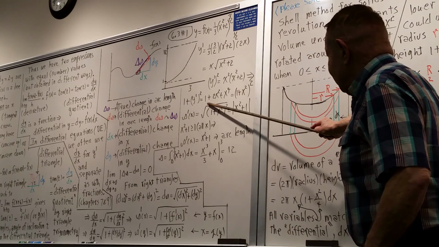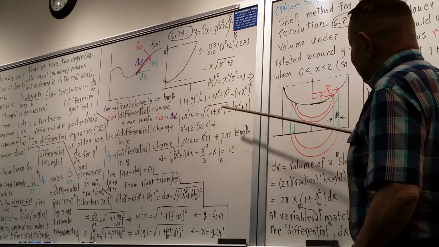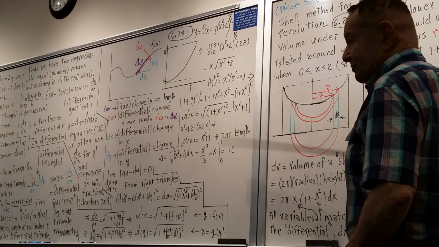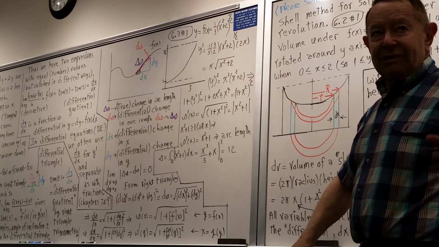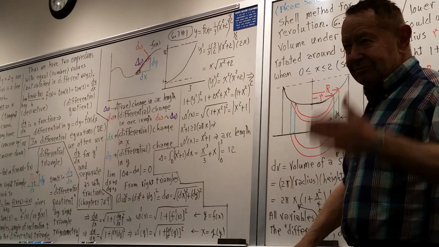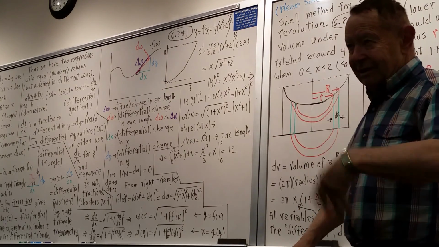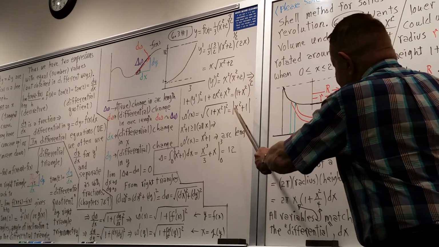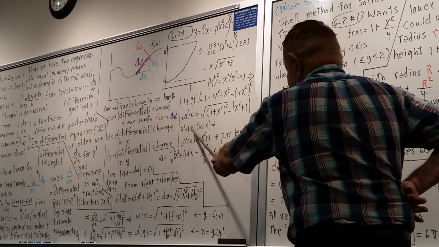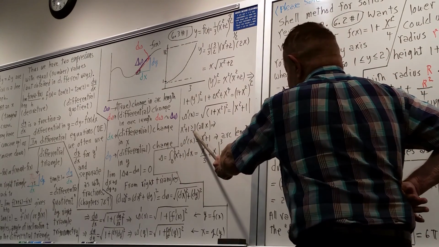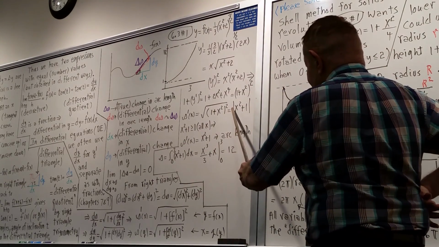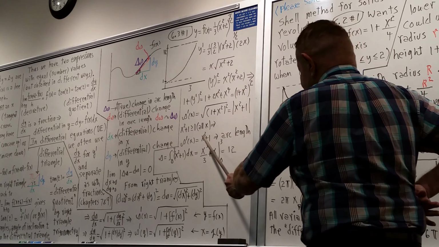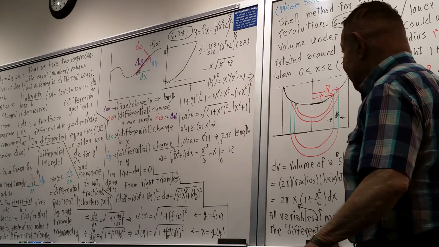And so the square root of this perfect square is the absolute value. Remember, the square root of a square is the absolute value of whatever it is that you were squaring. However, x squared plus 1 is always greater than or equal to 1, so therefore the absolute value is just x squared plus 1.